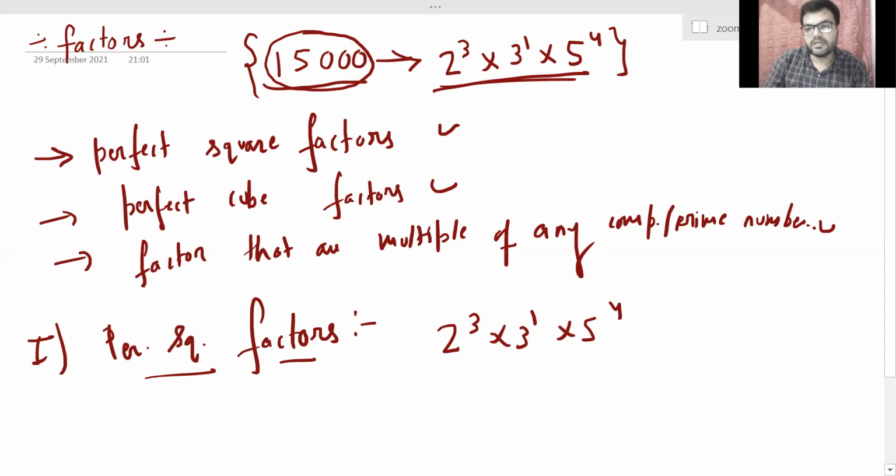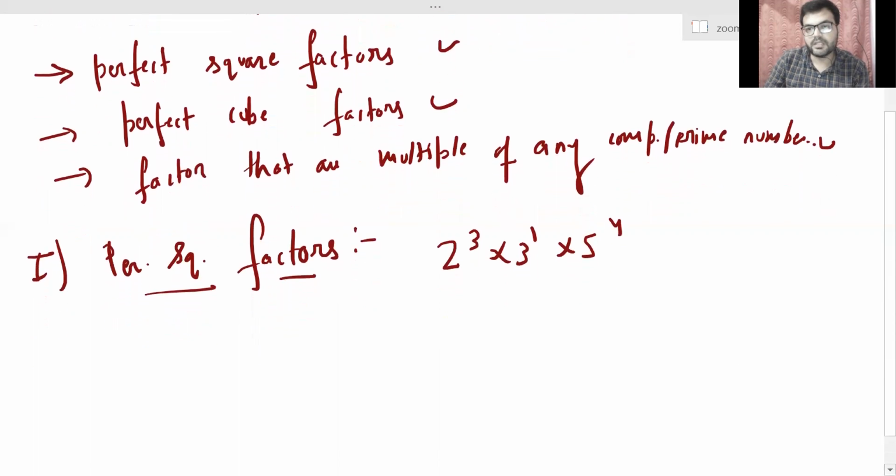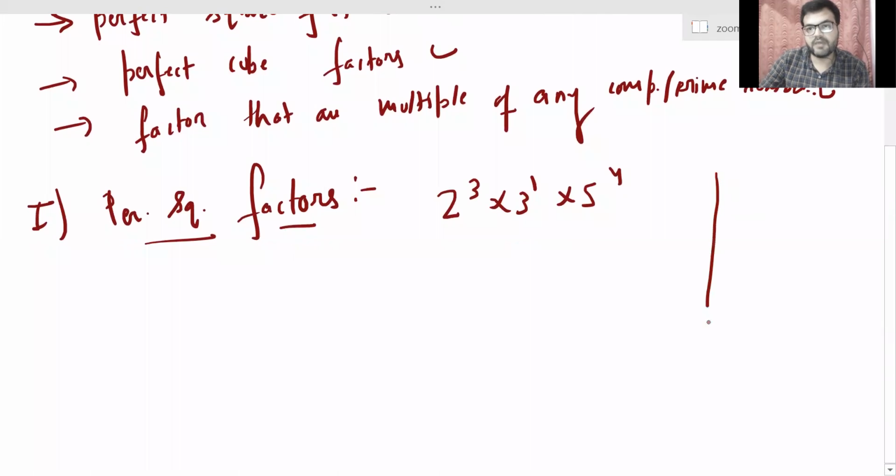Okay. So guys, first of all, let me tell you one thing. Let's say we have 400, a perfect square number. How can I write this number? It can also be written as 20 whole square.